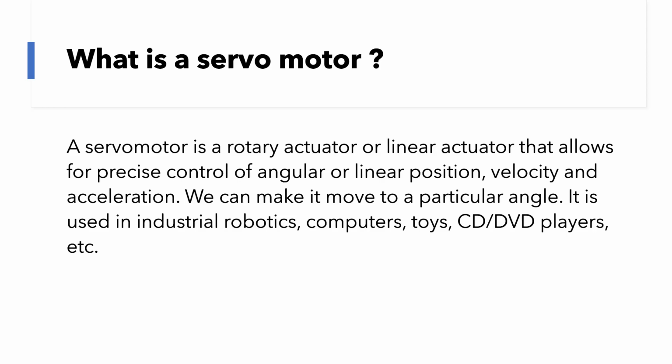The first question that will come to your mind, if you haven't watched my video explaining the different types of motor, is what is a motor? You may not know what a servo motor is. A servo motor is a rotary actuator or a linear actuator that allows for precise control of angular or linear position, velocity and acceleration.